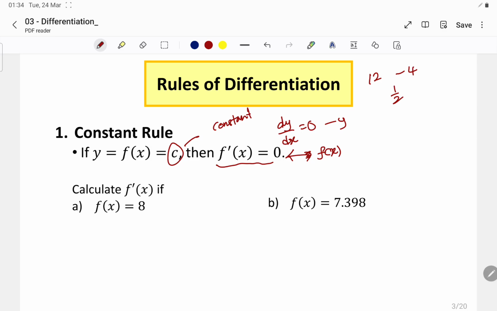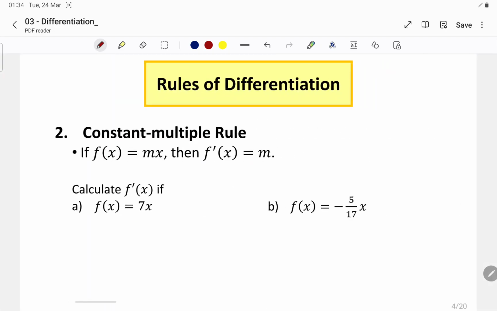Now we go through examples. f(x) equal to 8. When we differentiate, remember 8 is a constant, so it becomes f prime x equal to 0. Now we have f(x) equal to 7.398. It's still a constant, so when you differentiate it, it becomes 0. So this is the first rule.